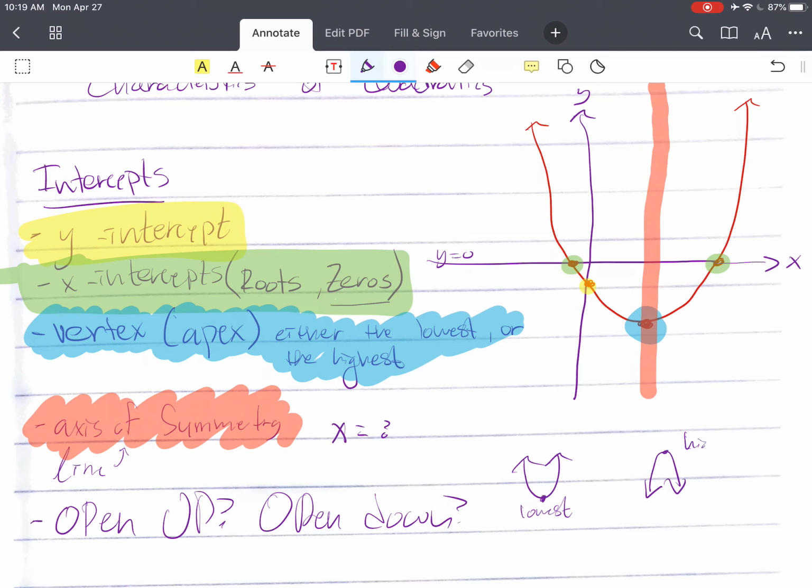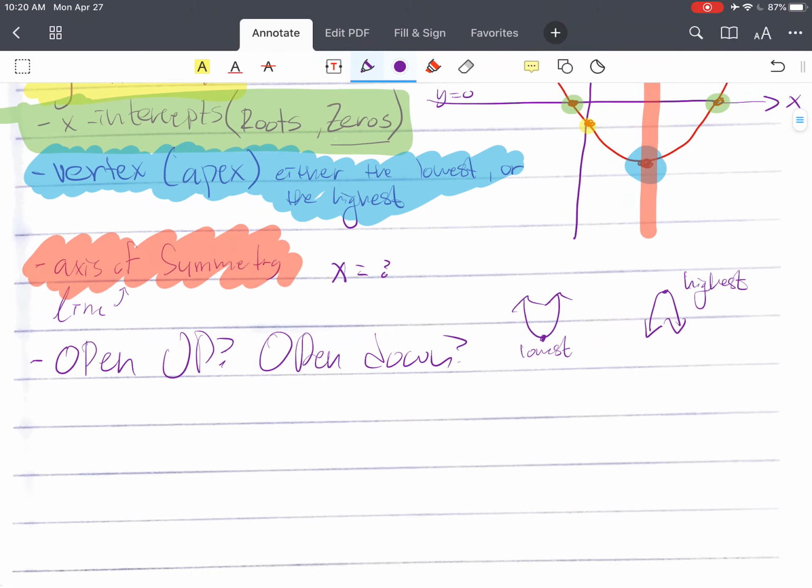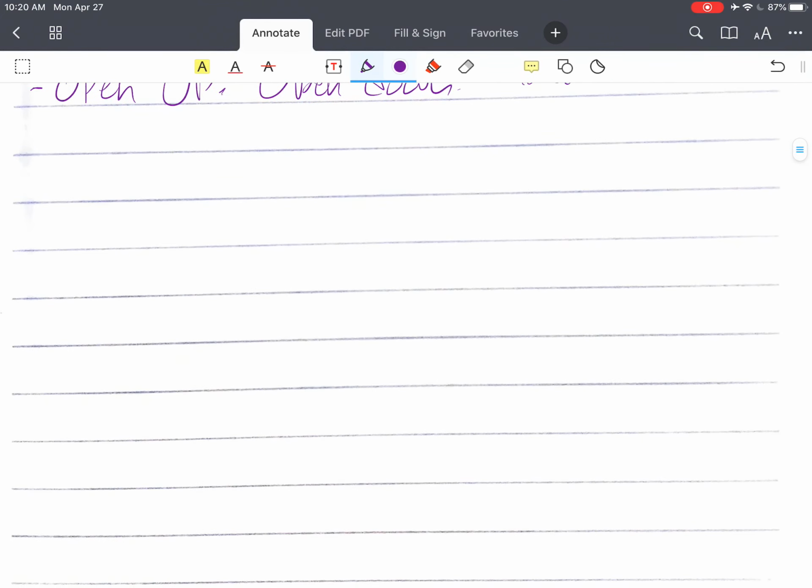Here, you have a lowest point, and here you have a highest point. Now, these are all the different things. You can talk about intercepts, the vertex, the axis of symmetry, and whether it's opening up or down. Just like linear equations, it's either increasing or decreasing, and the other two things you can talk about are the slope and the y-intercept. For quadratics, there's just so much information, okay? There's a lot of different things.